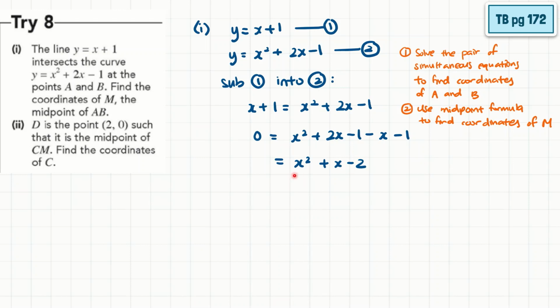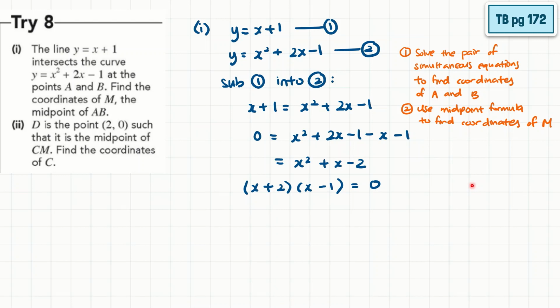So with my quadratic equation of x squared plus x minus 2 equals to 0, coincidentally, I can factorize this, so you may use your quadratic formula or do your cross method. I decided to do it by factorization, which is my cross method, and I will get x plus 2 times x minus 1 equals to 0.